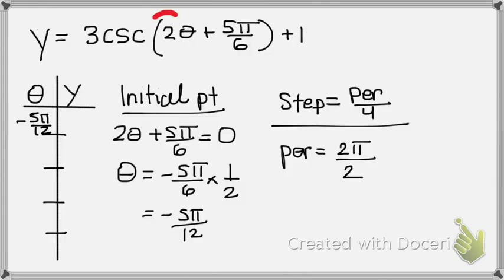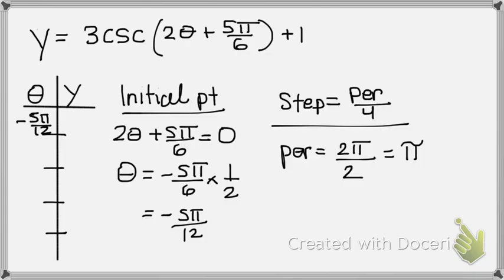So that's this, 2, is the leading coefficient of the argument. So that gives us the period. What does that mean? Do you know what that means? It means that every pi units, we get a cycle of the graph. And then the graph keeps repeating the same cycle.